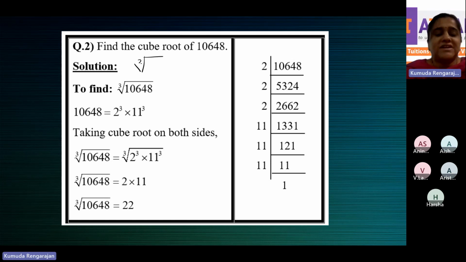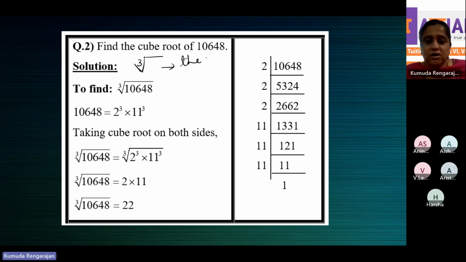So what does this symbol stand for? How do you read the symbol? The cube root of. The symbol is read as the cube root of. How do you read this symbol?